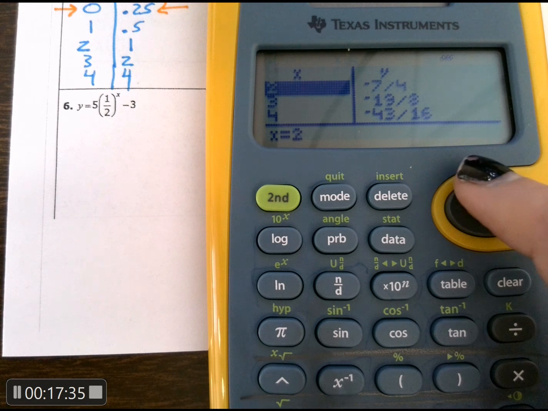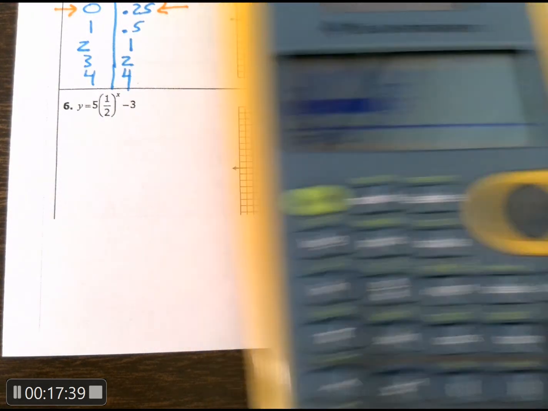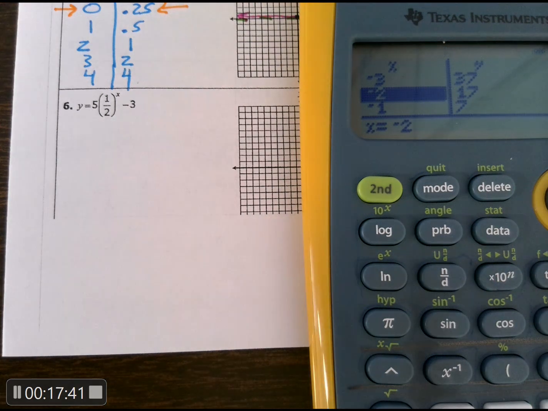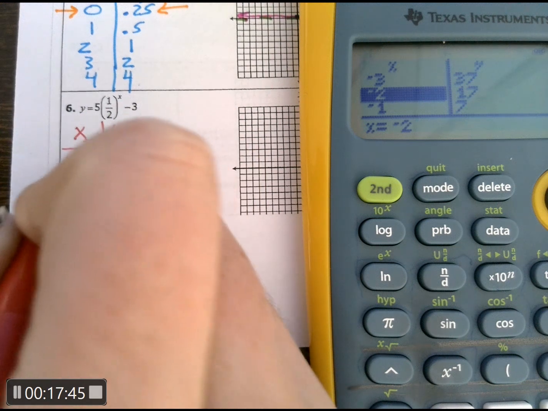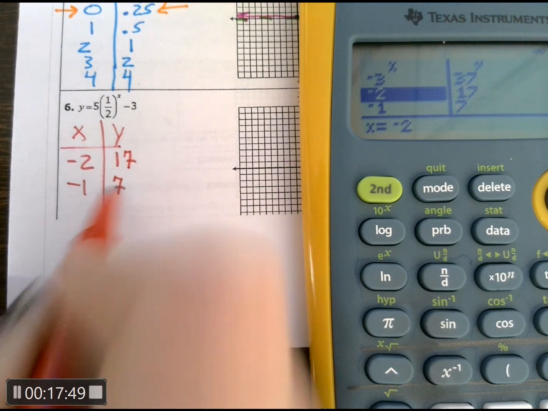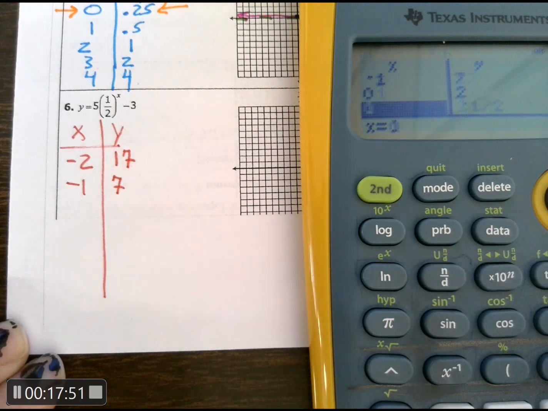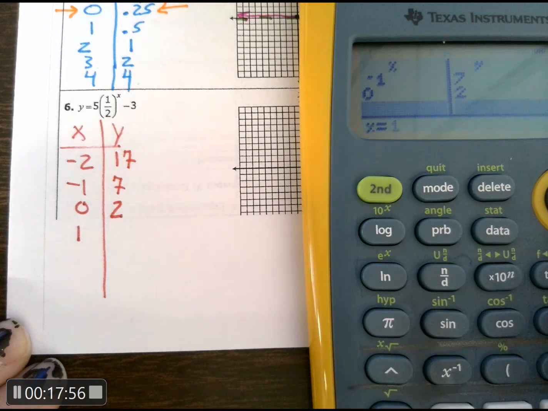And those are pretty big fractions, so let's move another direction. Okay, so let's start at negative 2, 17. And then negative 1, 7. And then 0, 2. And then 1, negative 1/2.